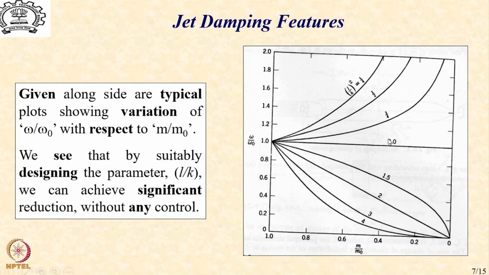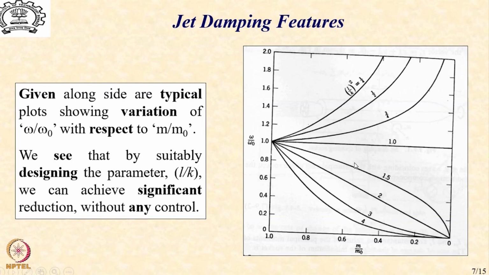Of course, we also see that if L by K is less than 1, then this represents now an unstable configuration such that your disturbance will start growing as a function of time. As the mass decreases, the angular velocity will start growing.